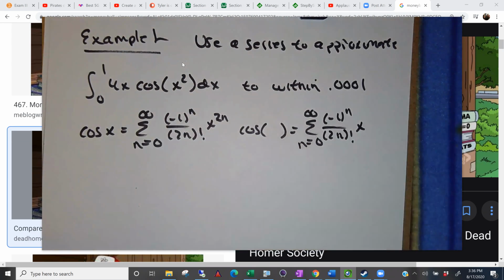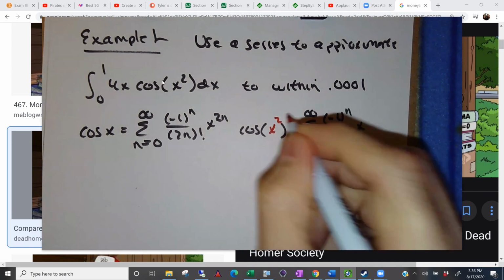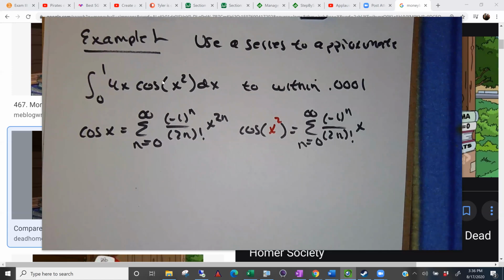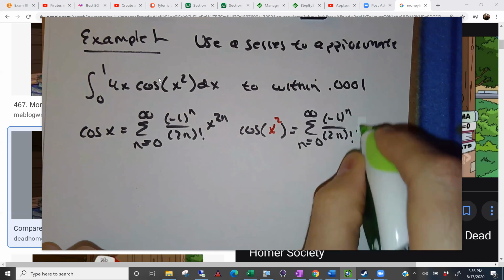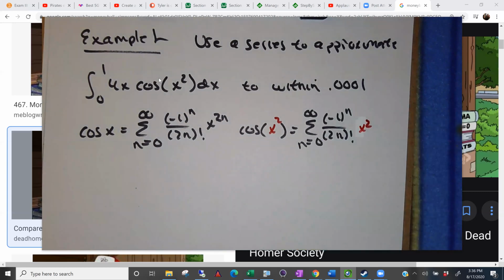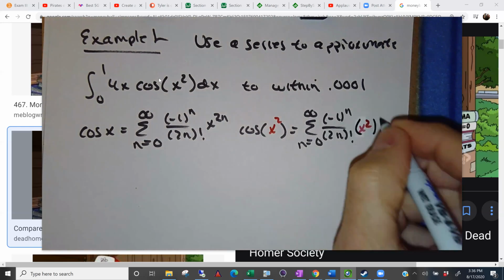Let's see. No, not quite x. So it's going to be x squared in here. And that's going to put an x squared in here. And that's going to be raised to the 2n.